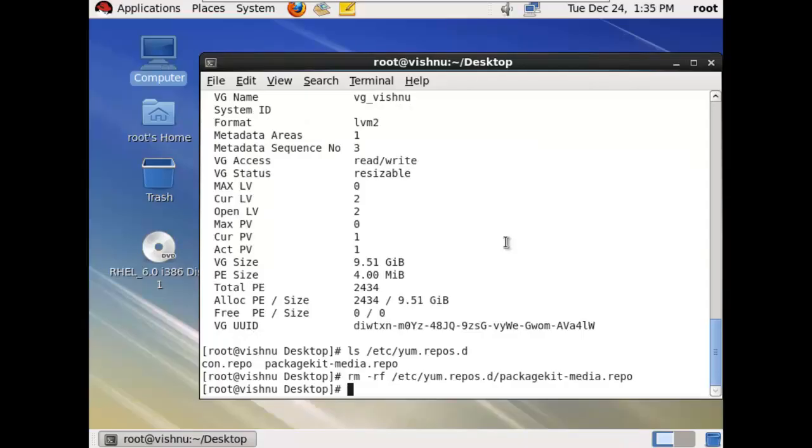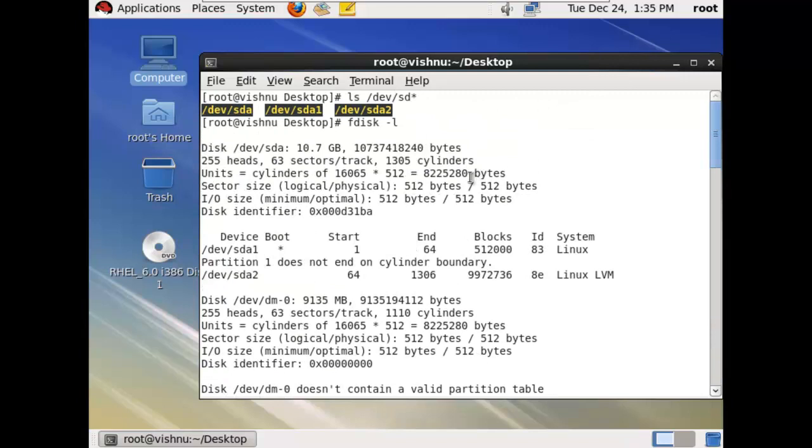Okay. So guys, I want to explain a few things more before proceeding to the next lab. Here guys, we are seeing the SD. When you do a lab on a Linux server, you will see two types of hard disks, the SD hard disk and the HD hard disk. The SD hard disk means that the hard disk you have attached to your Linux server is a SATA hard disk. And if you see HDA, then you should be assured that the hard disk you have attached is an IDE hard disk.